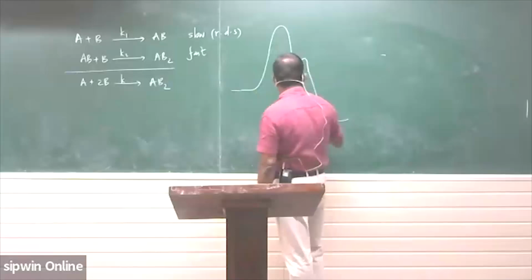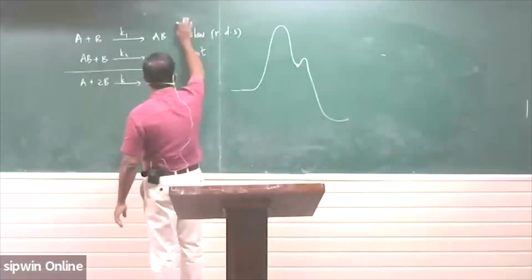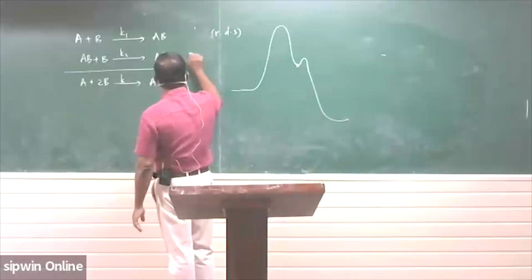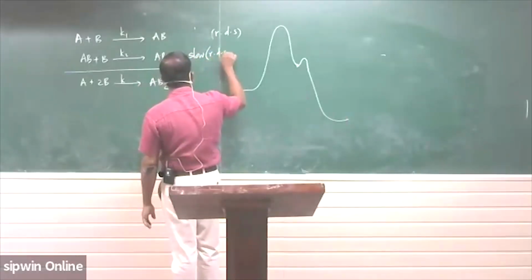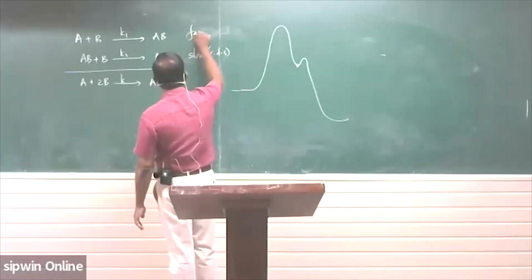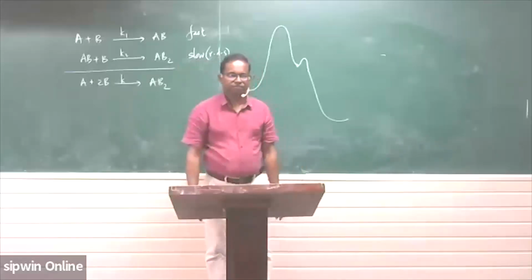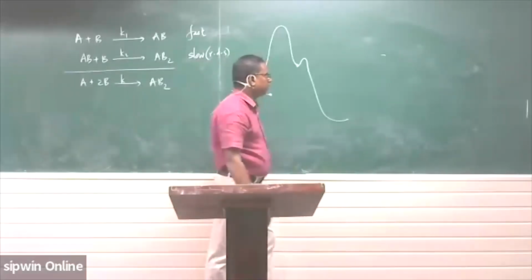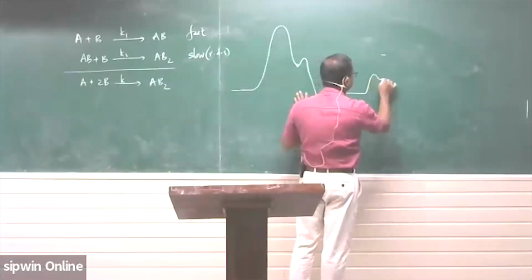Now what happens if I change this one and this one? Then this one is the slow one, RDS, and this one is the fast one. Then the reaction will be like this.